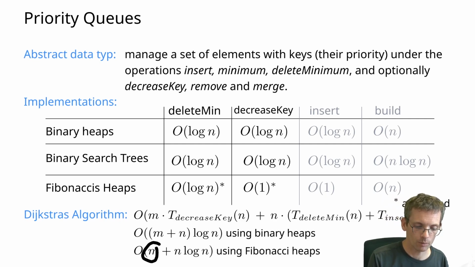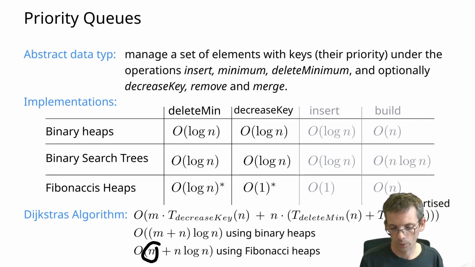So m could be quadratic in n. So potentially this is much faster than m log n plus n log n, at least if my graph is dense. And that's a motivation to look at Fibonacci heaps. Also a good motivation to maybe look at amortized analysis again, because that is important in the analysis of Fibonacci heaps.